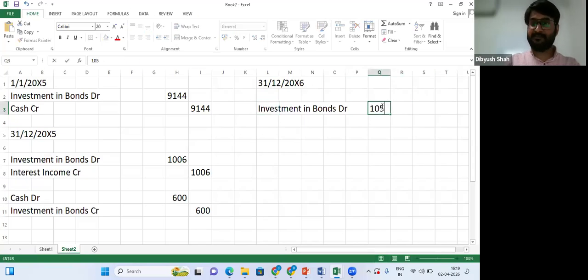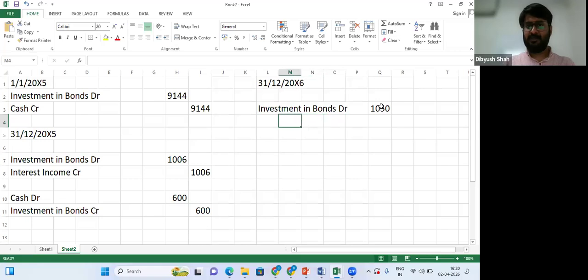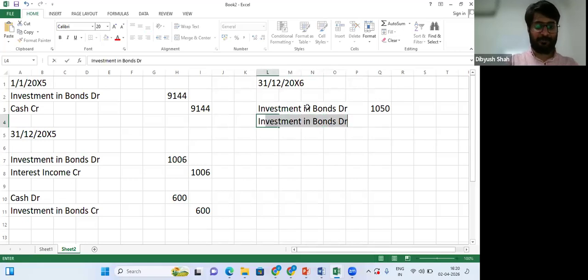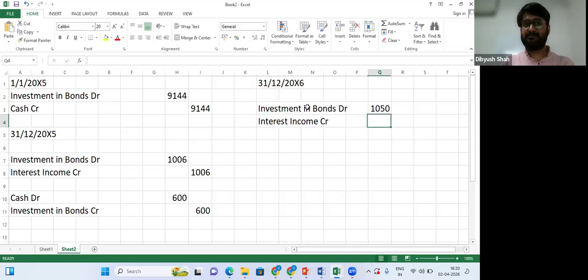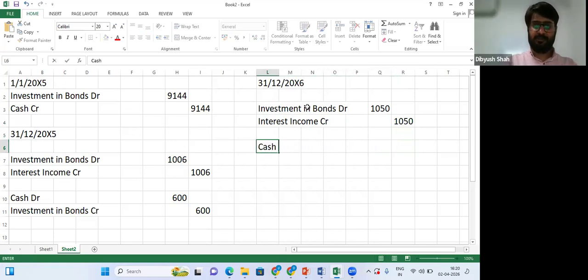Please always understand the journal entries, because ultimately you have to work, right? Interest income credit 1,050. And of course, cash received will be the same. See, books are automatically adjusting plus minus. In the table, your life is easy, and most likely they will not ask journal entries, but you should know.